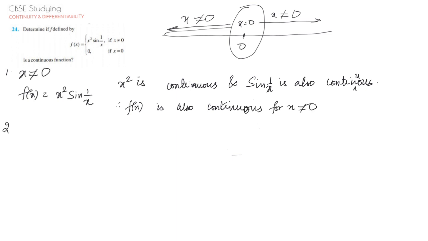The second case we have to evaluate is at x equals to 0. Whenever it is x equals to 0, usually you do left hand side and right hand side. But what is given to you over here, a direct value of the function is given, which is equal to 0. Correct? So let's see if our left hand limit and right hand limit match up to 0. So we are going to switch to LHL RHL view of it.